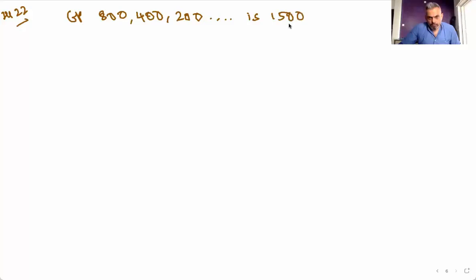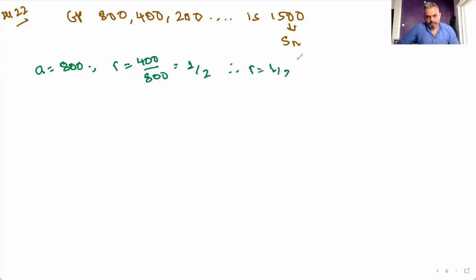So now we have to find ये जो 1500 है वो SN है. So we have to find N. So what is given? Let's write first what is given. A is equal to 800. R is equal to 400 by 800, which is equal to 1 by 2. Therefore, R is equal to 1 by 2.